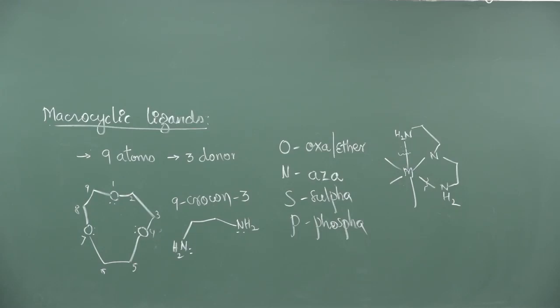The prefixes are oxa, aza, sulfa, phospha. Sulfa can also be called thia. Okay, these are the donor atoms.